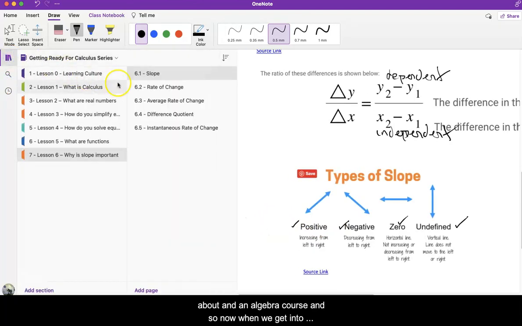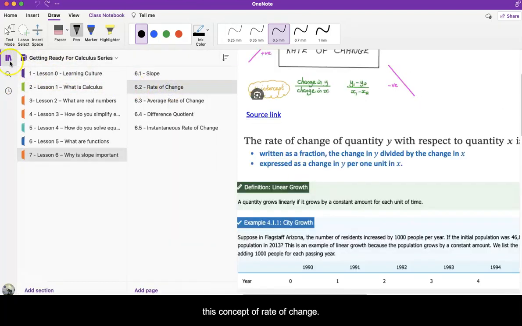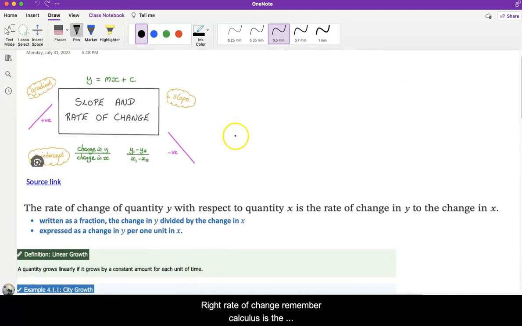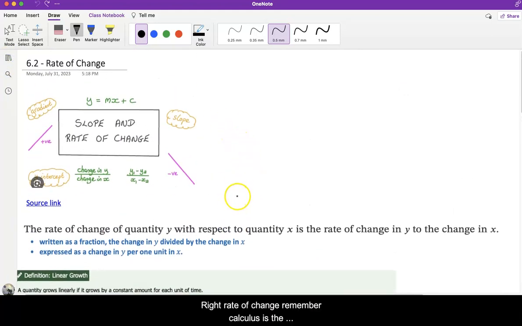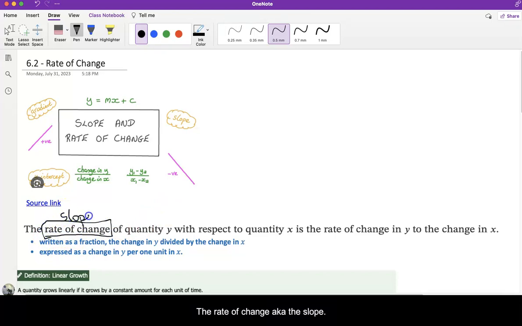Now when we get into this concept of rate of change, remember calculus is the mathematical study of continuous change. Well, guess what? Slope is a calculus concept because the rate of change, aka the slope, deals with one quantity, y, with respect to one quantity, x.